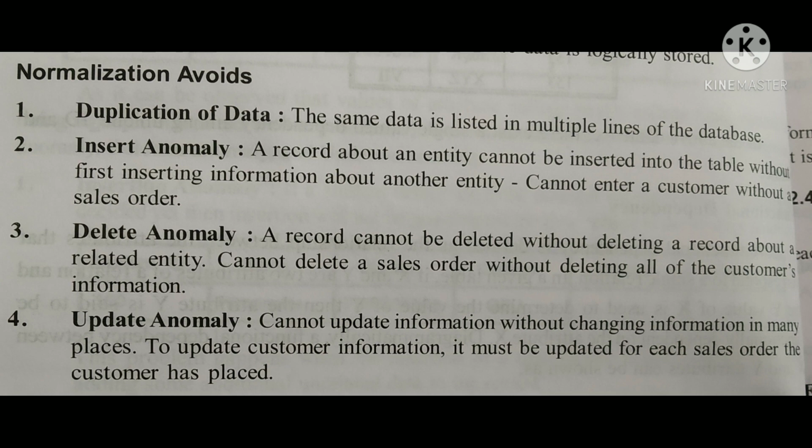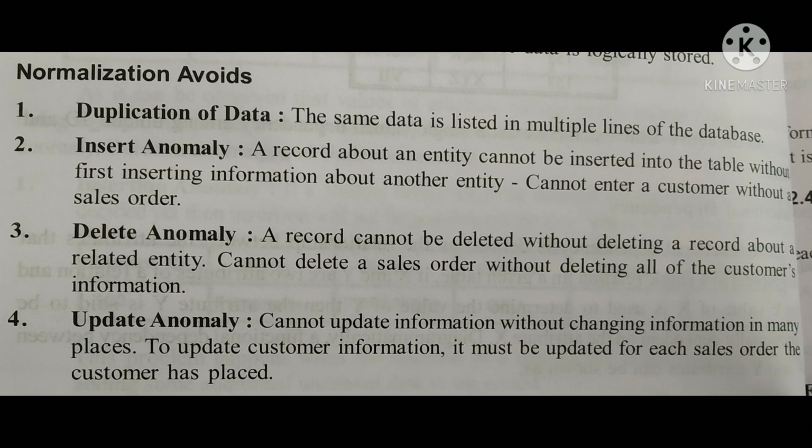The second rule is that values stored in a column should be of the same domain. All the values stored in the same column should be from the same domain. The third rule is that all the columns in a table should have unique names.